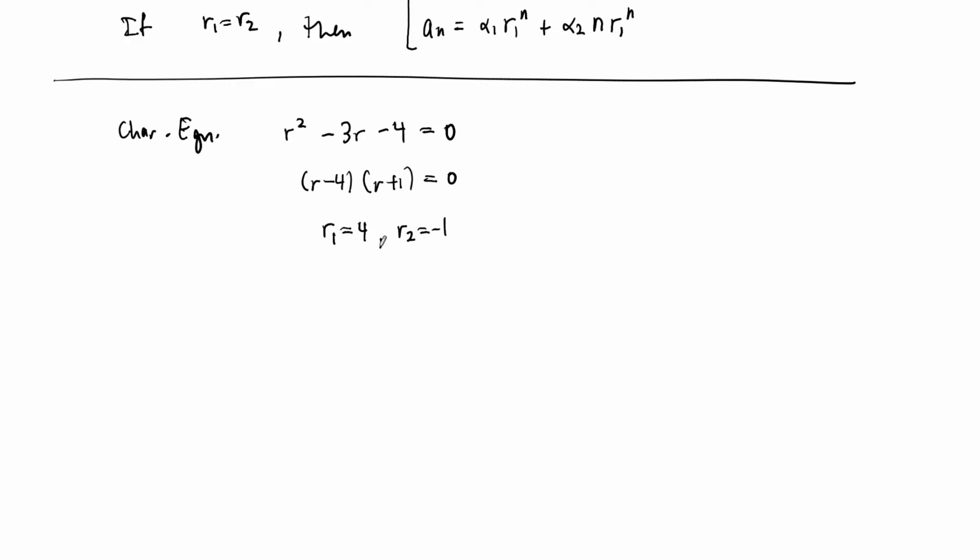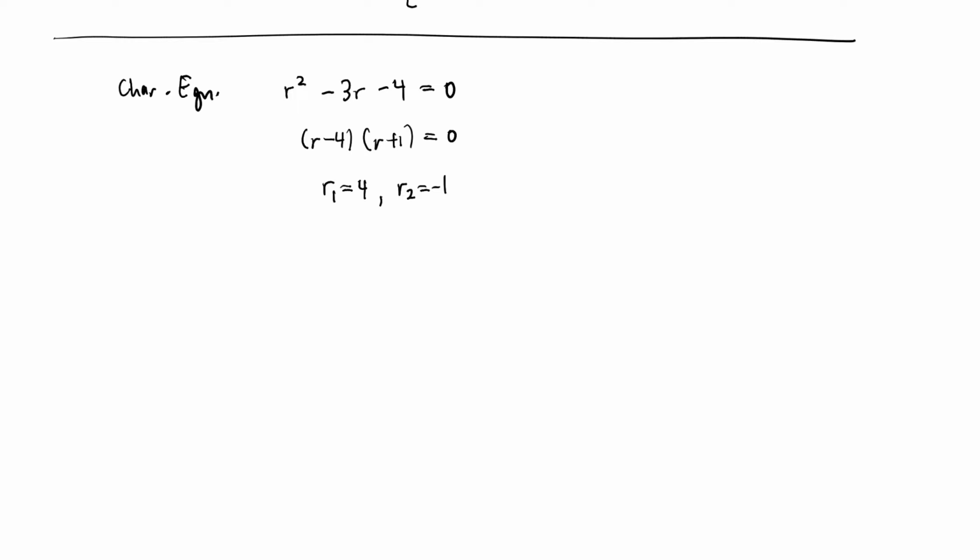It doesn't matter which one is r1 and which one is r2, but now we can write down our solution, though it's still going to have some unknown constants in it. It's going to be a sub n equals alpha 1 times 4 to the power n plus alpha 2 times negative 1 to the power n. And at this point we need to solve for alpha 1 and alpha 2. This is where the initial conditions come in.